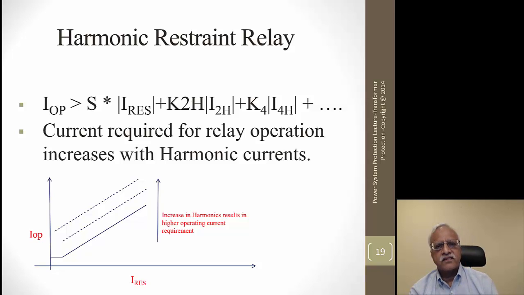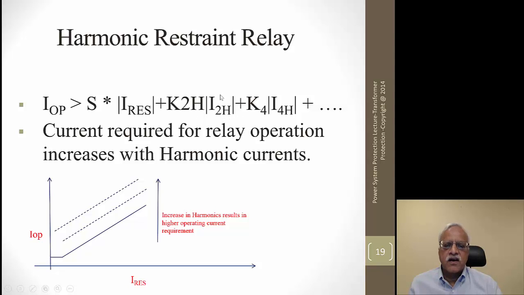In the harmonic restraint relay, unlike harmonic blocking, it modifies the minimum pickup of the operating current by adding additional restraint based on the harmonic content in the operating current. So it is a number here from 0 to 10 or whatever, based on the manufacturer.